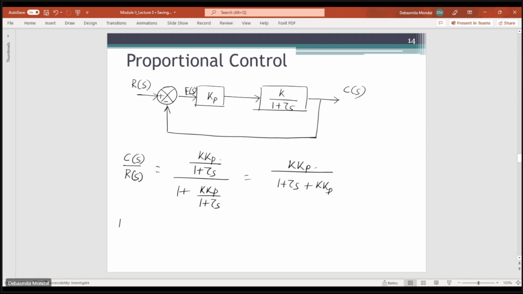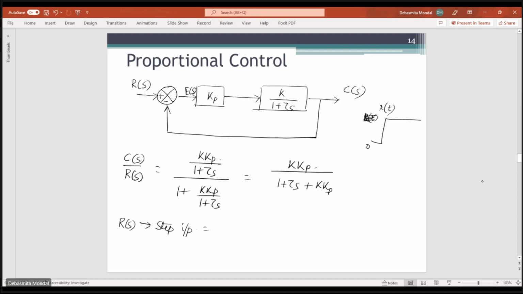Okay, now let's say that your input R(s) is a step input. Step input means that it is changing instantaneously, from 0 to some given value.